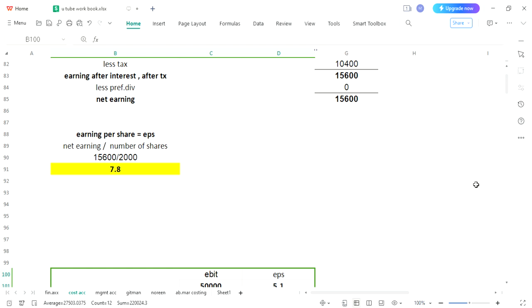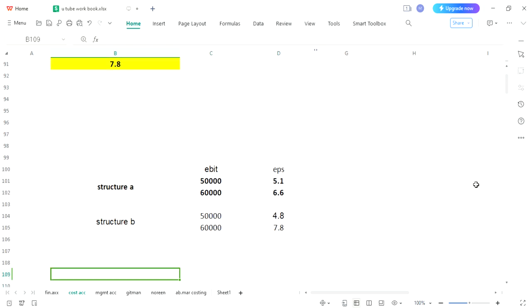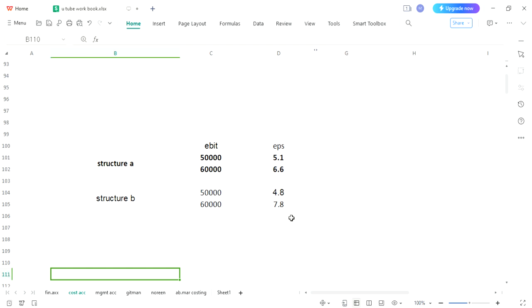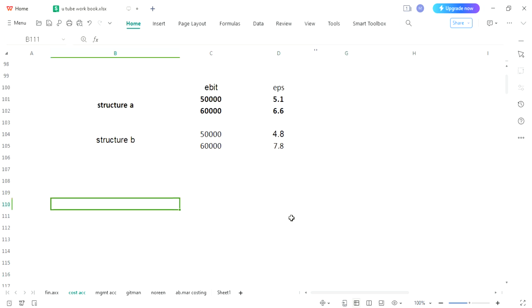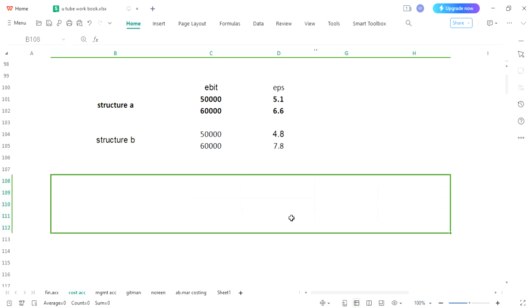Okay, we have got it. So these are two attributes and we need to make a graph where EBIT and EPS both would be represented. Least EPS is 5.5 over here and here 4.8. So what table we can use? Let's start making our graph.